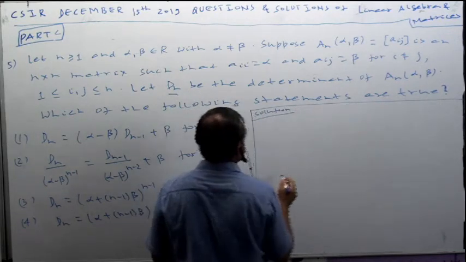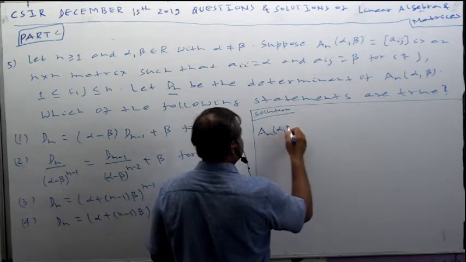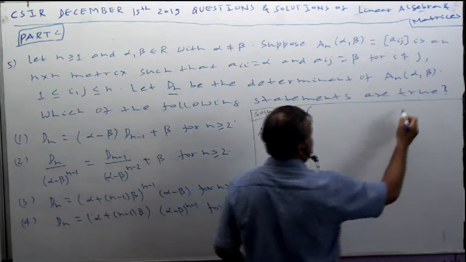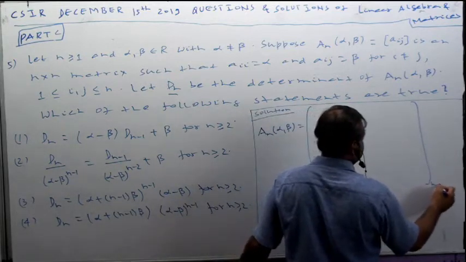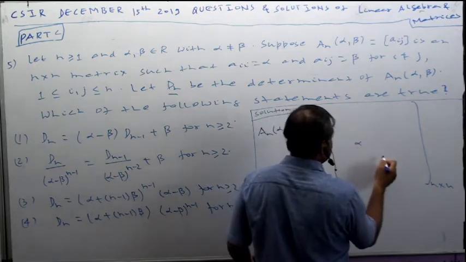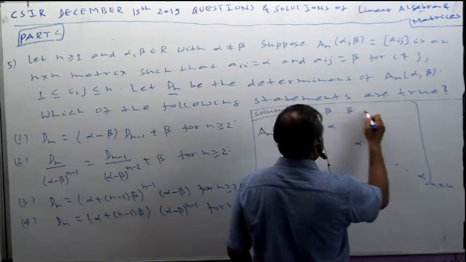Watch this. What is your matrix A(n, alpha, beta)? That is a matrix of order n with each diagonal entry alpha and non-diagonal entries beta.